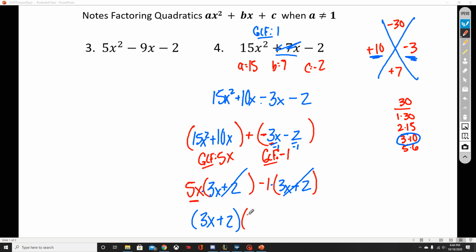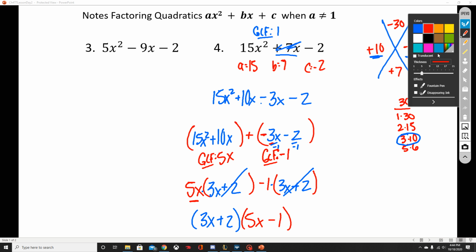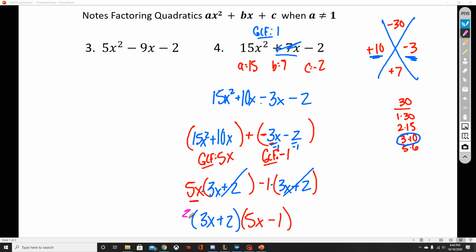Well, I'll be left with 5x for the first term, and negative 1 for the second term. And here we go. I have my factors. So 15x squared plus 7x minus 2 factors into 3x plus 2, 5x minus 1.